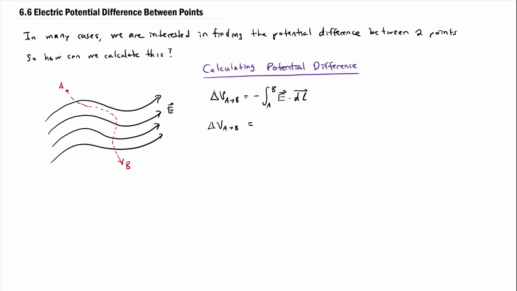We can actually split this up, in fact, and have negative the integral from infinity to B, E dotted with dl, minus the integral from infinity to A of E dotted with dl.